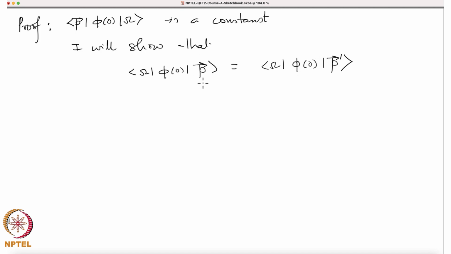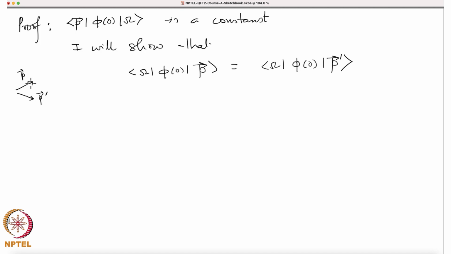Now, given a single momentum p, you can arrive at another momentum p prime by doing a Lorentz transformation. So suppose you have a momentum p like this, and momentum p prime is in that direction. Suppose you were looking at a single particle state which has momentum p, and that p is in that direction, and suppose you have another single particle state which has momentum p prime and p prime is in this direction.